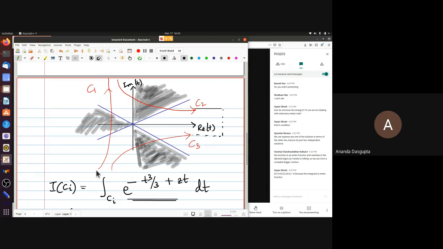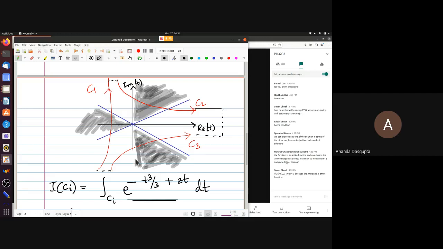And then what you can always do is get a closed contour, which goes like this, then along some infinitely far away strip, then along C2, then again along some infinitely far away strip, then again C3 and come back. So you basically have 6 pieces here, C1, C2, C3, and these 3 joining pieces.